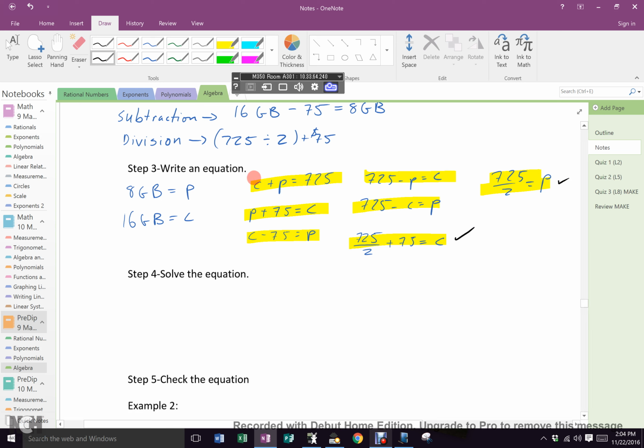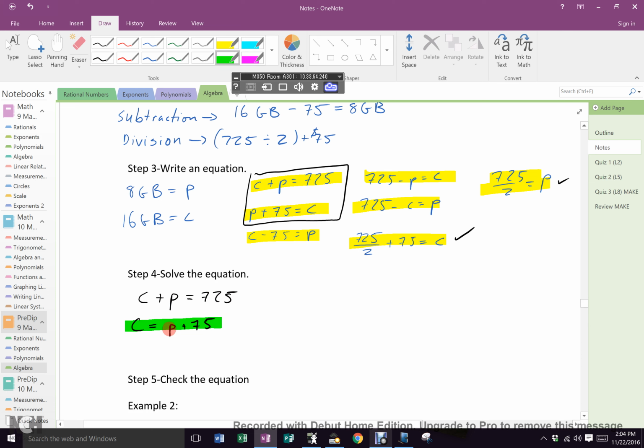Have a look at this situation. C plus P equals 725, yes? C equals P plus 75, right? Yeah. What does this say?